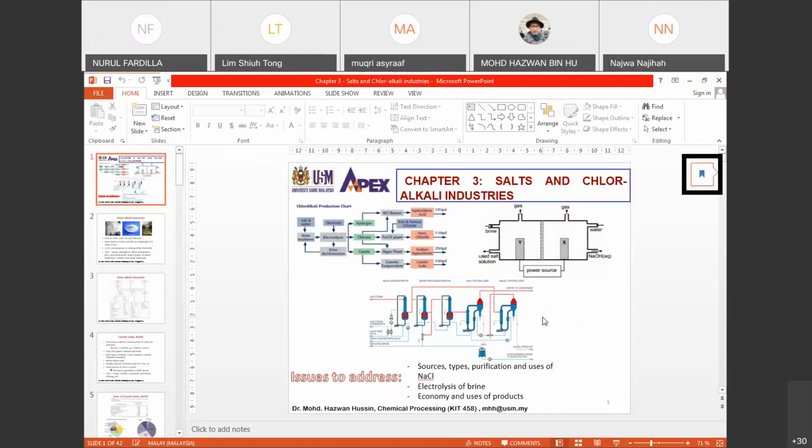Last Tuesday we started a little bit on chapter 3, salts and chloralkali industries. Today we are going to go through in detail caustic soda and the production of caustic soda.